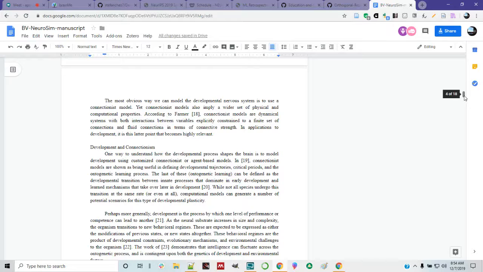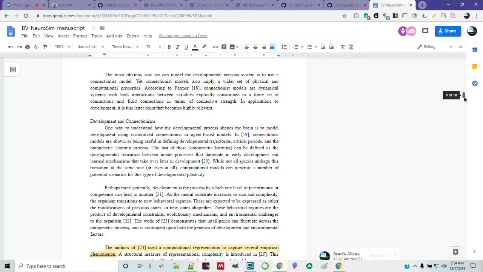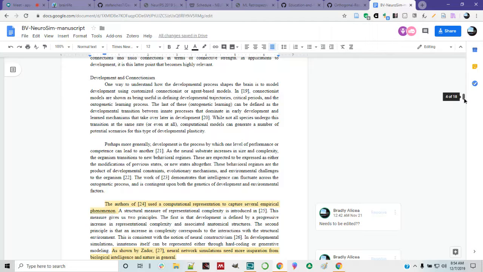I don't know if other people remember this, but there's some work that was done maybe 25 years ago on developmental connectionism, which is where you have a connectionist network, like a deep learning network or a neural network, but they had a developmental approach to it. It didn't really go very far. There were a couple of papers on it, but I thought I'd bring it up as some background for this work.